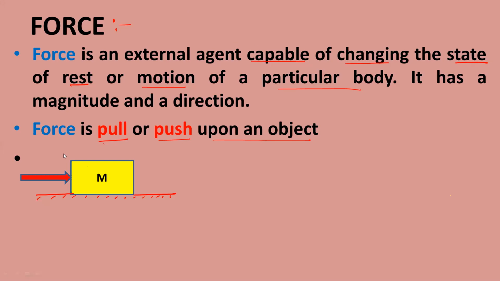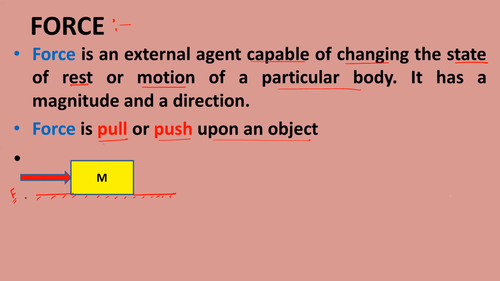When we apply the force F in the positive x direction, the object will change its state of rest and it will be accelerated in the positive x direction. In the given case, F is not the only force acting on the object.